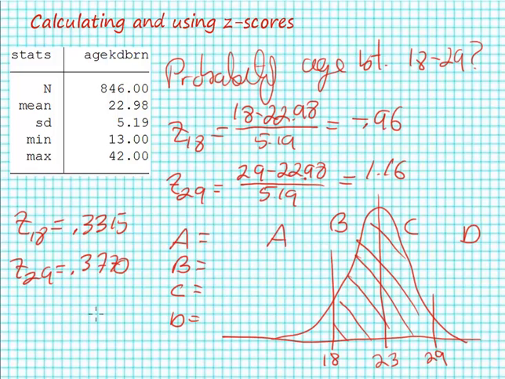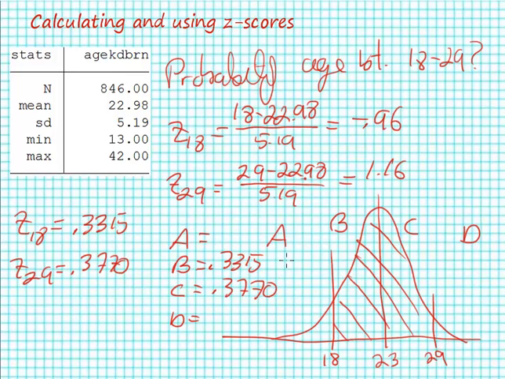And I do it in the following way. The area from 18 to 23, which is section B, is 0.3315. The area from 23 years old, or the mean, to 29 is 0.3770.